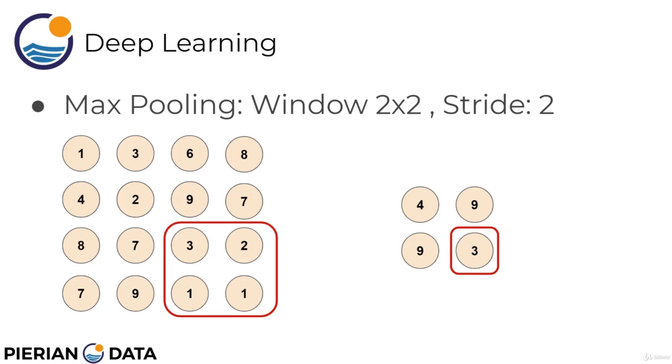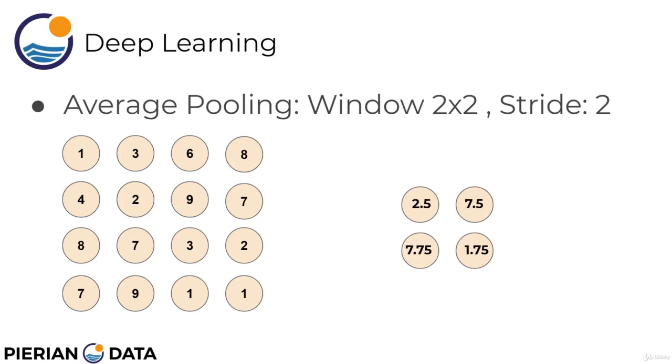The general information is that the values along the diagonal from top left to bottom right seem to be less than the diagonal going from bottom left to top right. So we actually still get to keep that information, except now we're dealing with just 4 parameters instead of the previous 16 parameters. So we've greatly reduced the number of parameters here while still being able to keep the general information.